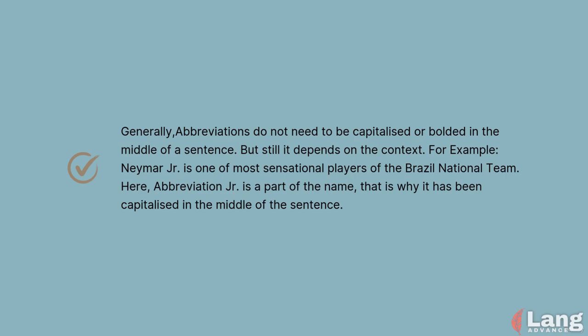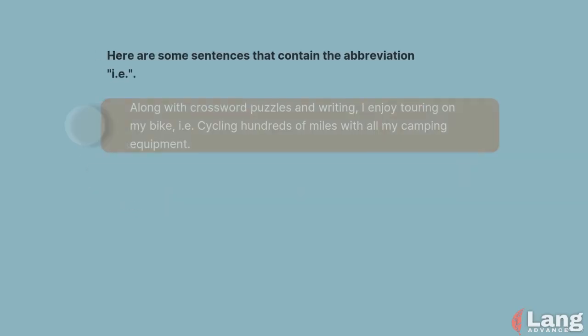But still, it depends on the context. For example, Neymar Jr. is one of the most sensational players of the Brazil national team. Here, the abbreviation Jr. is a part of the name. That is why it has been capitalized in the middle of the sentence.